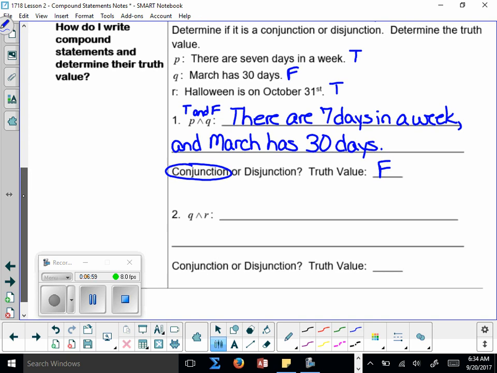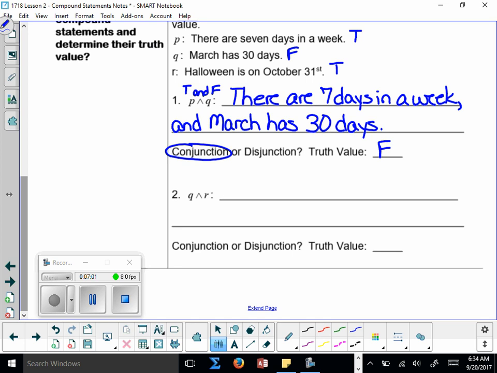Let's look at our next one. We still have Q something R. This upside down V, that's and. And is the key word for a conjunction. Conjunction means I need both true. So let's take a look at Q and R. March has 30 days is a false statement.